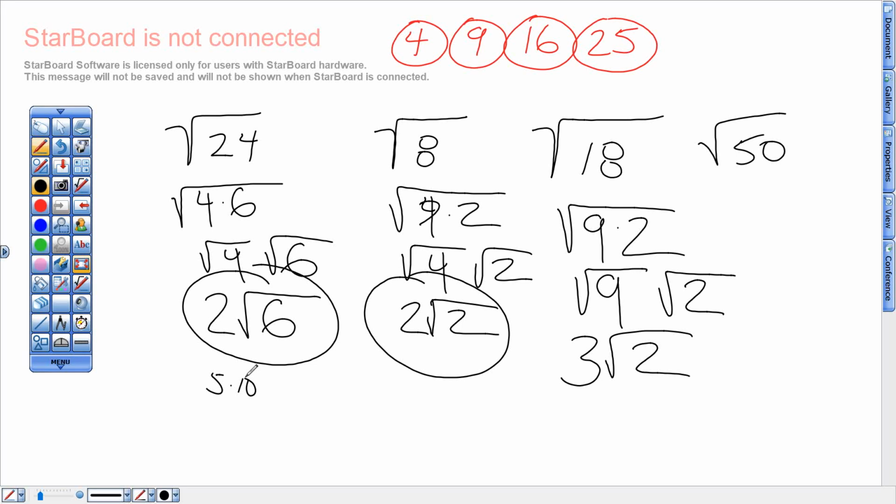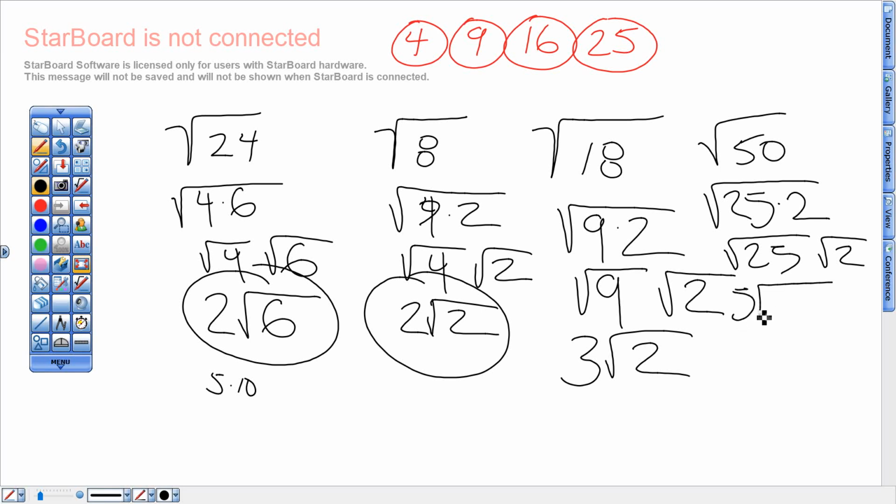How many 25s give you 50? 2 of them, right? So 50 is broken up into 25 times 2. Yep, because that gives you 50. And then you split it. 5 root 2, perfect. I'm going to circle those in green for you.